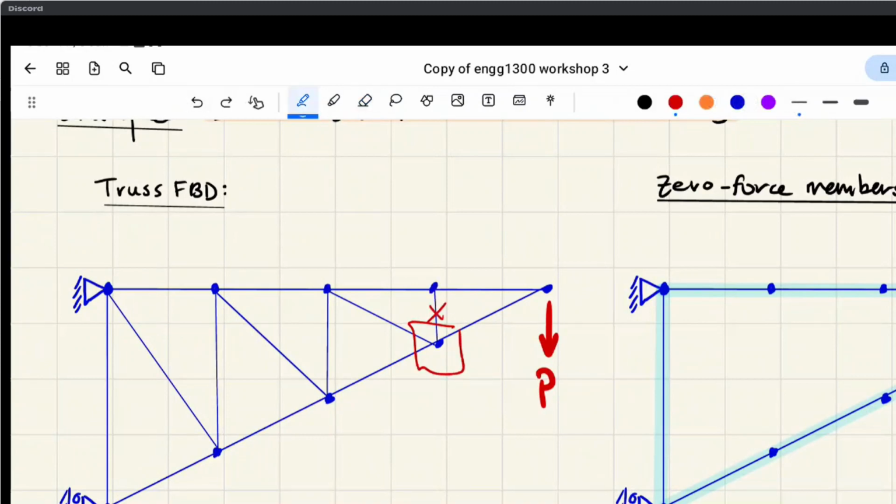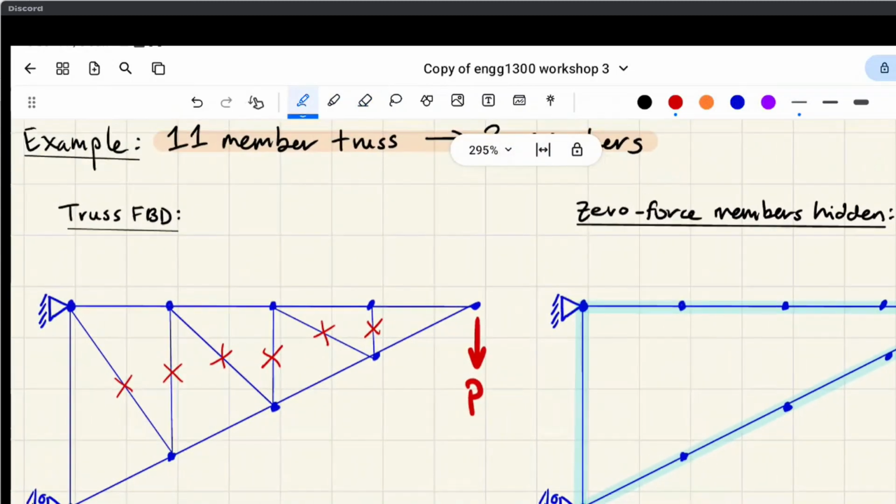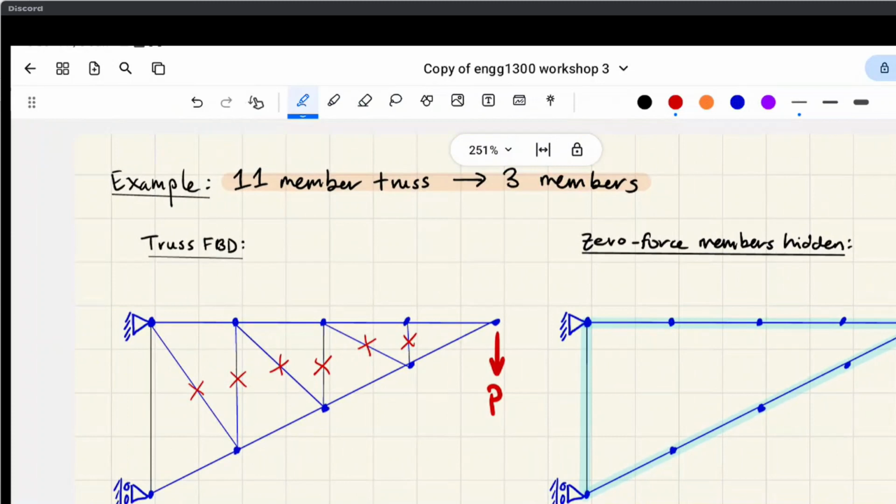So now, when we analyze this joint, this one's the non-collinear one with no external forces. So we can actually delete that as well. And same goes when we go through all of these members in this truss, and we're just left with a truss that's only three members long, right? And so it's going to be much, much quicker to solve.